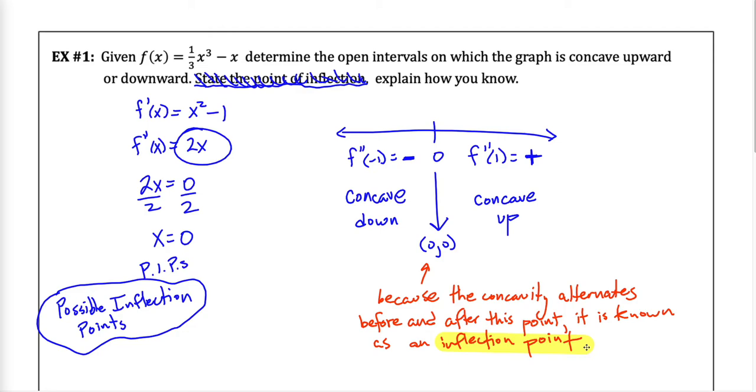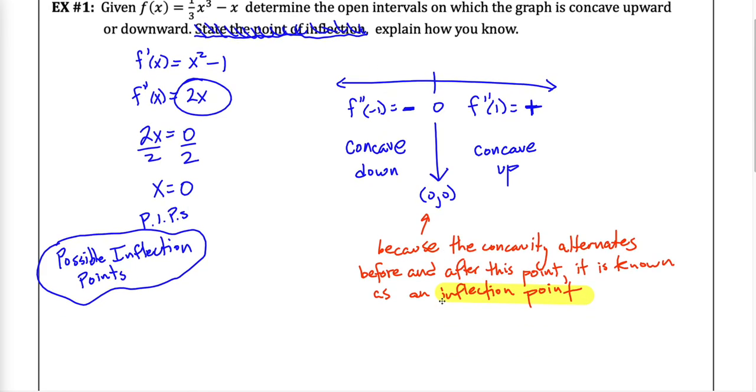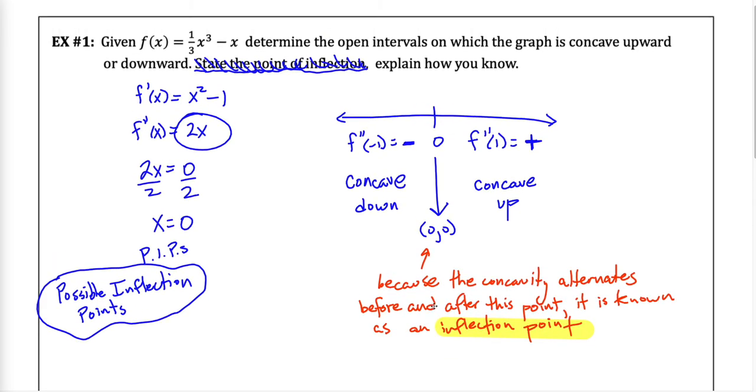It's a relatively simple definition, but still, you kind of have to follow the rules of it. It's very similar to relative max and min, where relative max and min is when increasing and decreasing alternated before and after. But this is just a single thing. I don't know if you can picture it in your head or not. Do you guys know what an inflection point will look like?